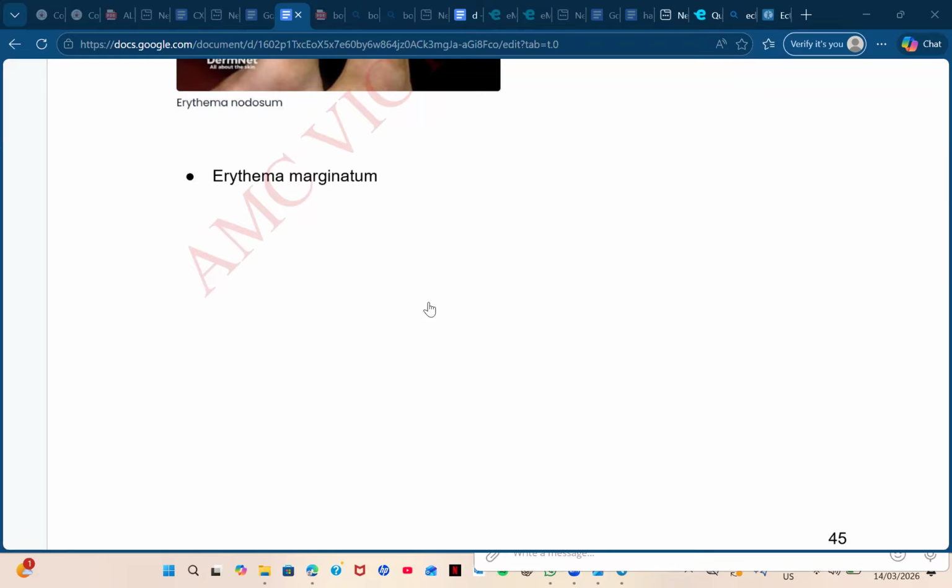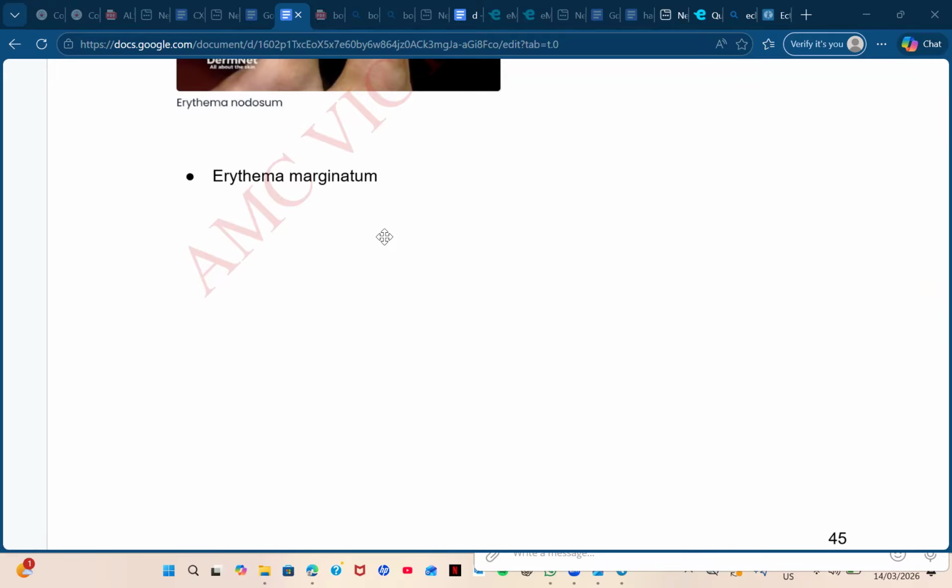We have minor and major. Tell me, is it minor or major? Okay, tell me what are the major criteria of rheumatic fever? Yes, Jones, right?